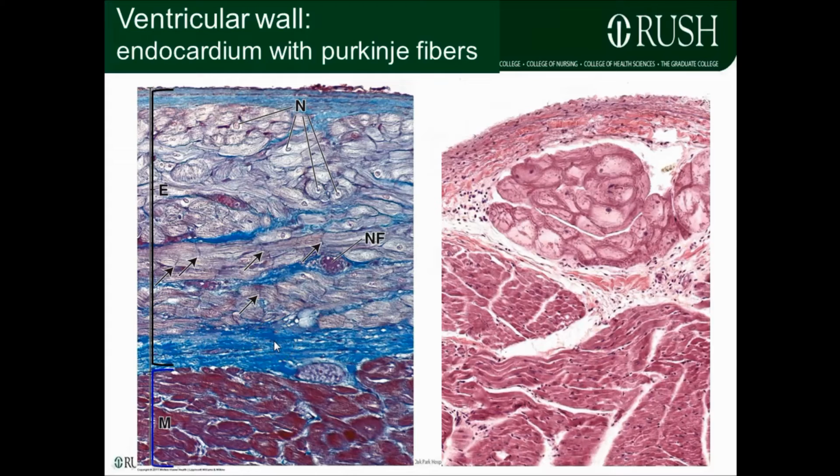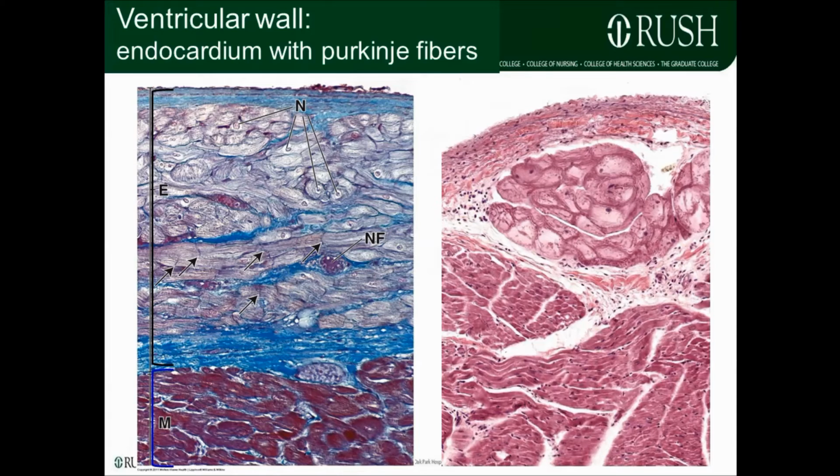that run in and around all of these Purkinje fibers. So Purkinje fibers are not nerve fibers. They are modified cardiac muscle cells. They do have myofibrils in them, but their main function is conduction rather than contraction.